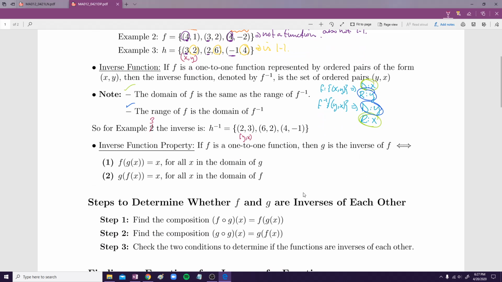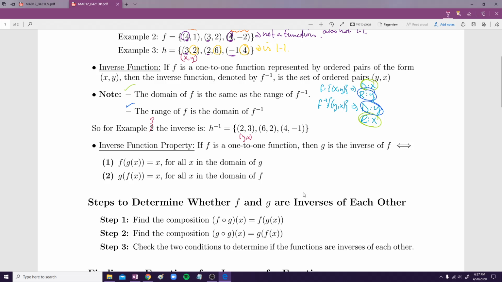So now we're going to talk about the property. It's called the inverse function property, and it states if f is a 1-to-1 function, then g is the inverse of f if and only if f of g of x equals x for all x in the domain of g, and g of f of x equals x for all the x in the domain of f.